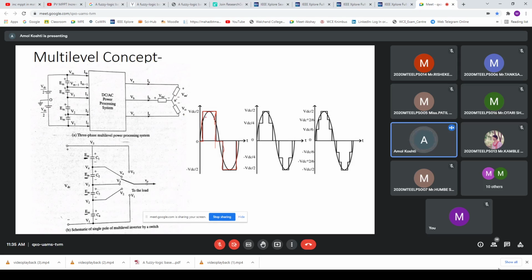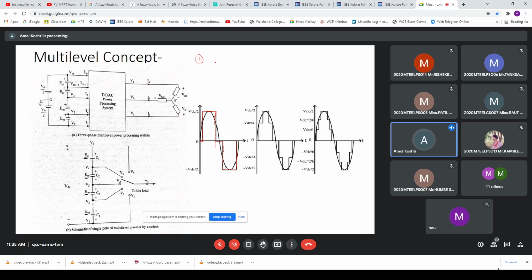To produce this output, one drawback is that we need to switch these switches on and off frequently. Switches can be an SCR, a transistor, a MOSFET, or an IGBT.